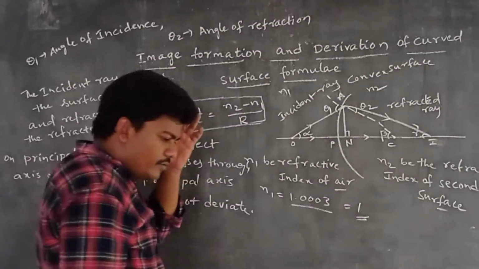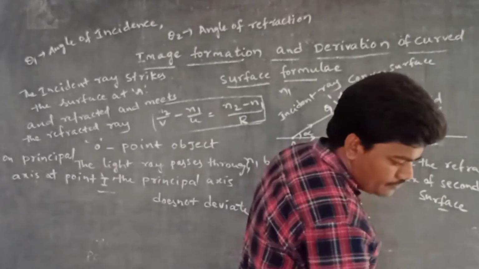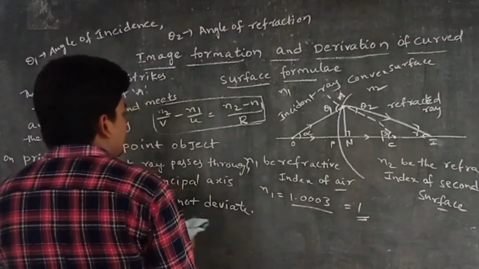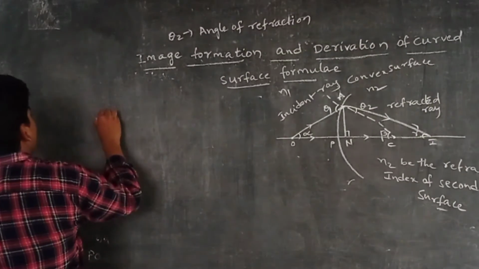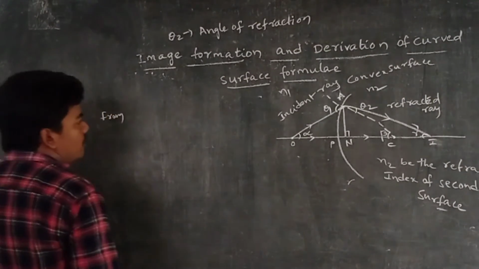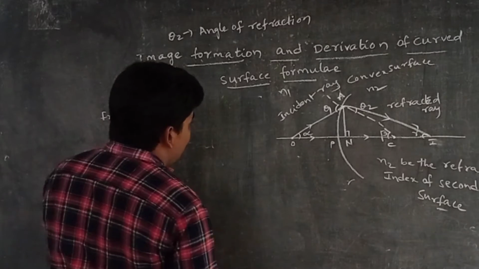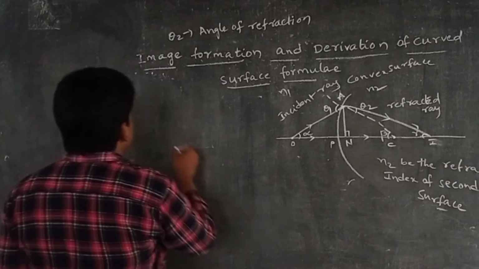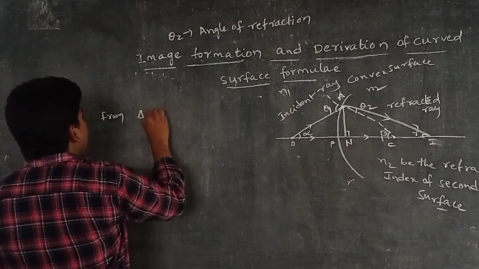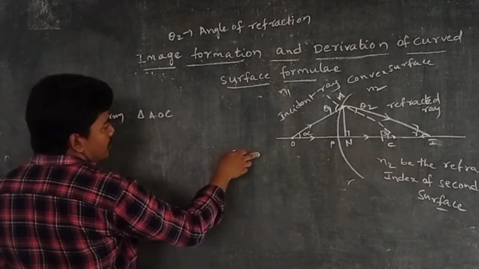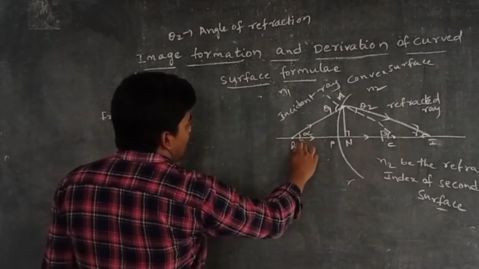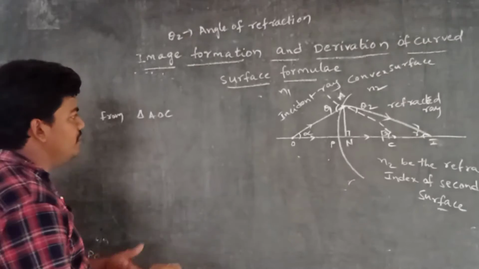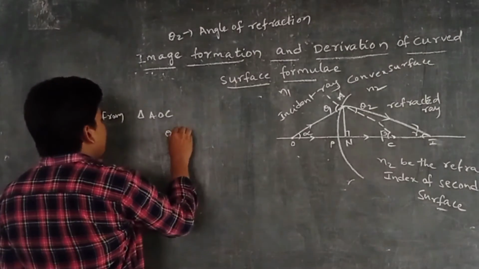Okay, right. From triangle AOC. Triangle AOC. See here, theta 1, alpha and beta. What relation did we observe from these values? Theta 1 is the exterior angle.